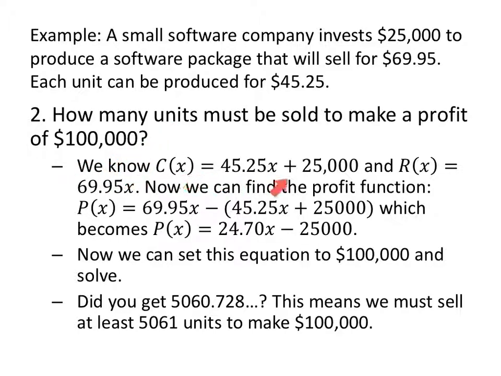Well, we know the cost and the revenue functions. And so we can find the profit function by taking revenue minus cost. Notice I put cost in parentheses because I want to make sure I subtract the entire cost function. So again, we'll have 69.95x minus 45.25x giving us the 24.70x, the amount that they actually profit on each software package.